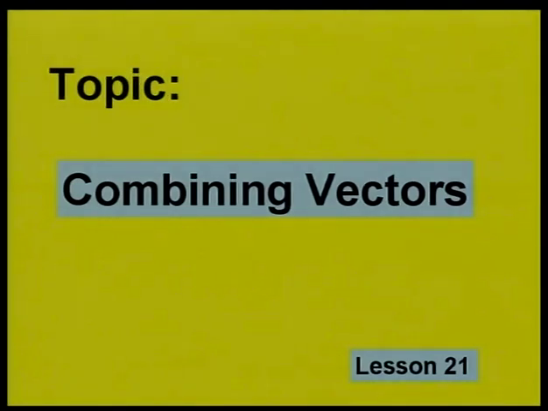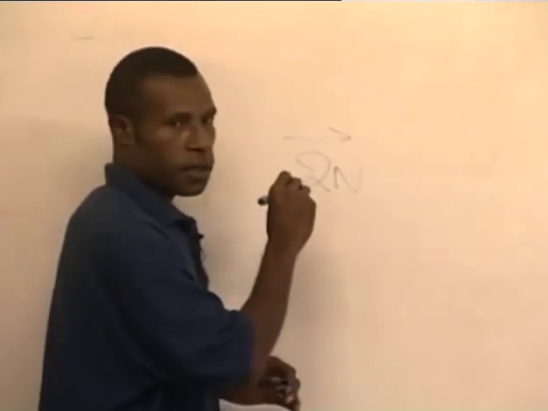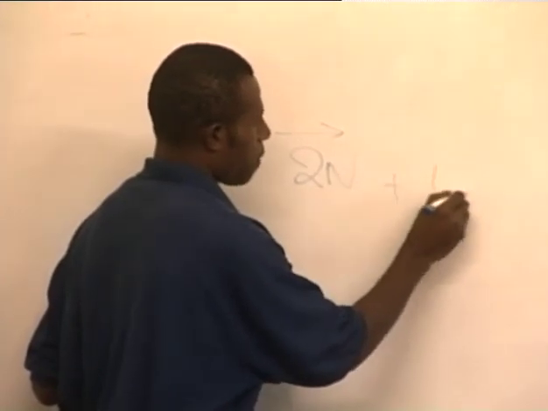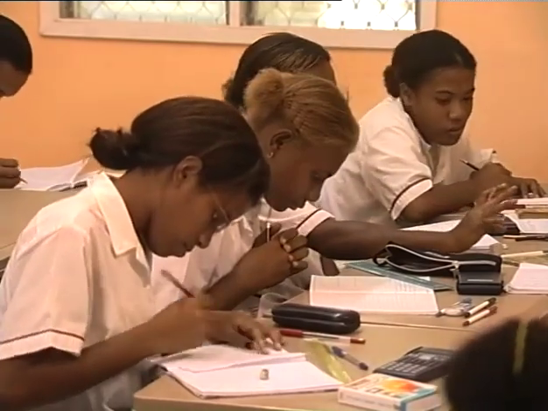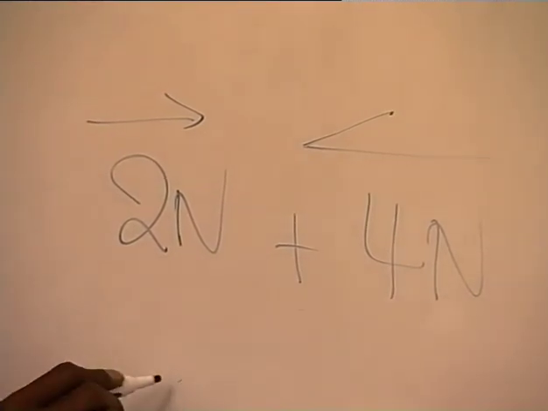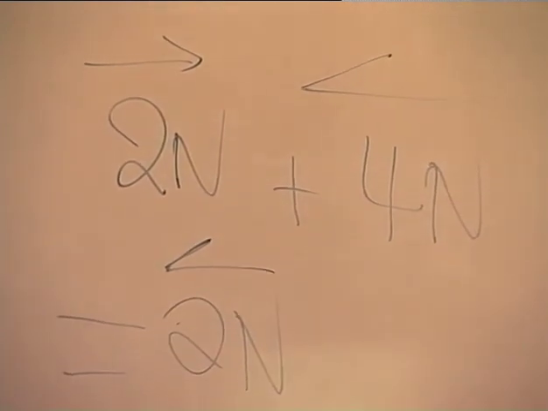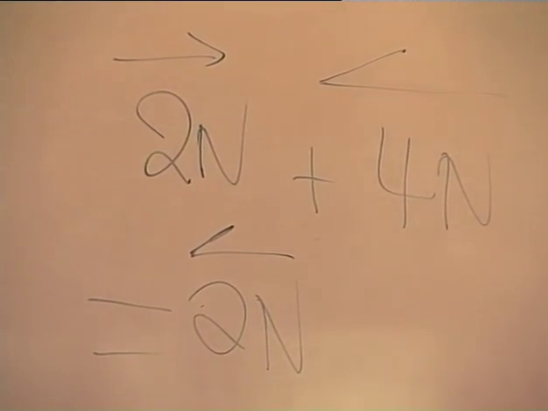For example, if you are given 2 newtons moving in one direction, plus another, let's say 4 newtons, moving in the opposite direction, the resultant of those will be? Okay, good. It will be 2 newtons to the left, in the direction of the larger force. So that is how you can combine vectors.